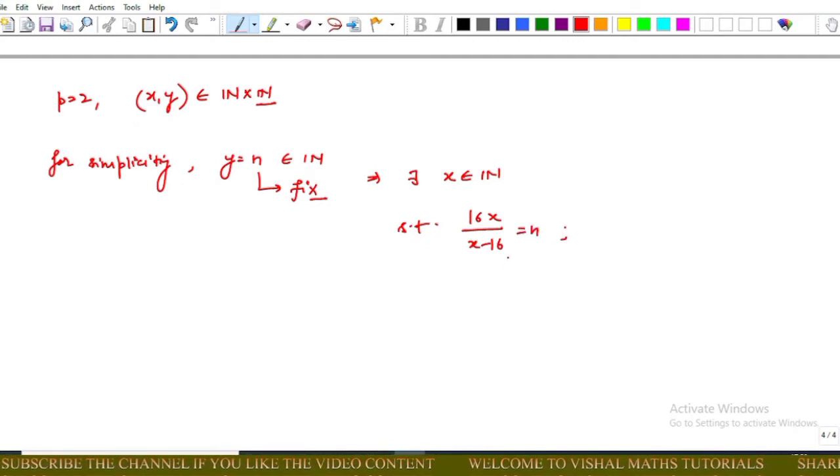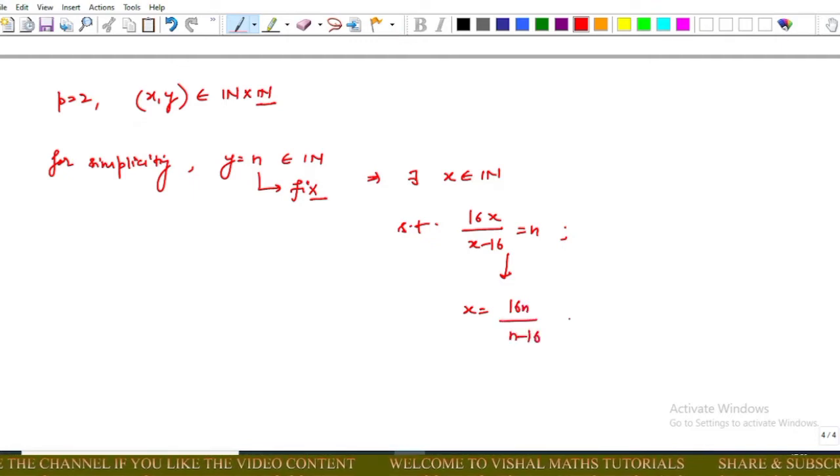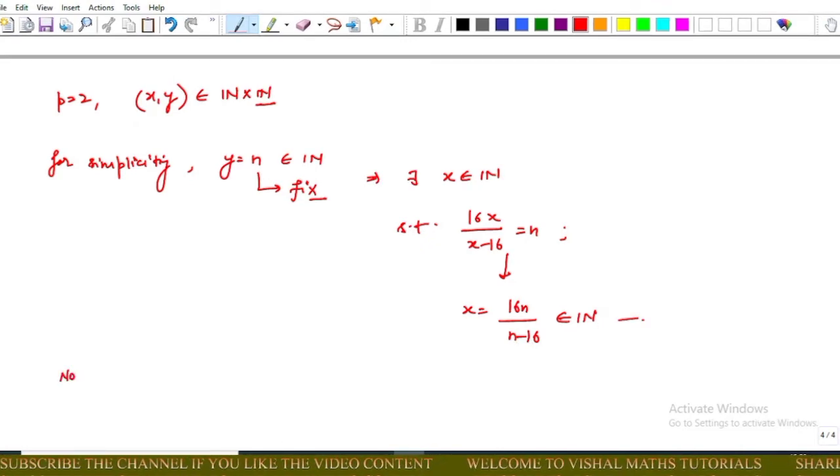When we solve this expression, it converts to x equals 16n upon n minus 16, which belongs to the set of natural numbers.